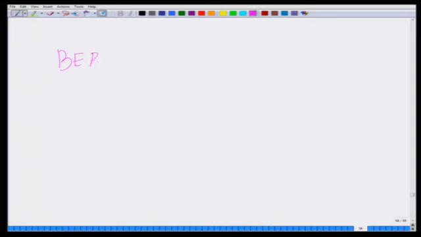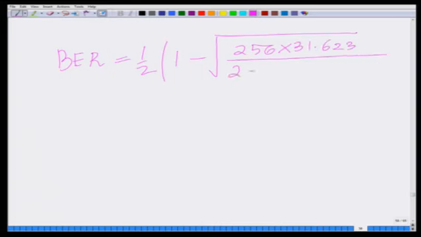and therefore the bit error rate equals half into 1 minus square root of 256 times 31.623 divided by 2 plus 256 times 31.623, which is equal to 6.175 into 10 to the power of minus 5.